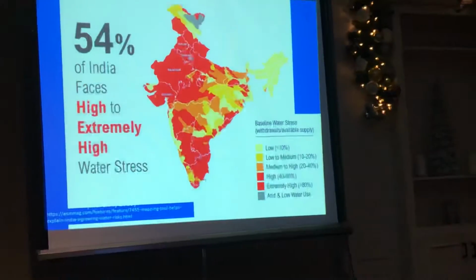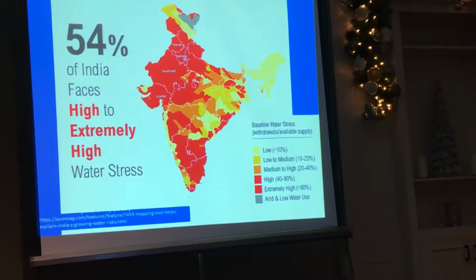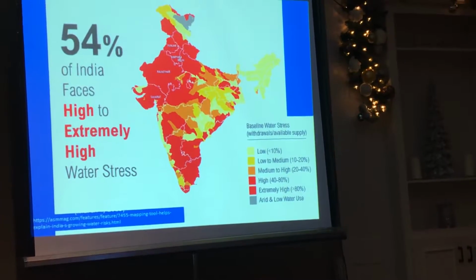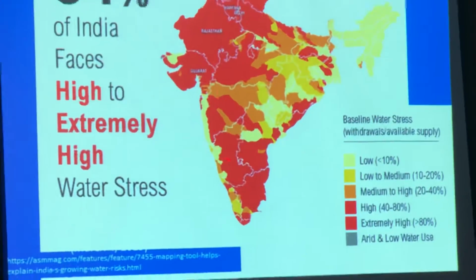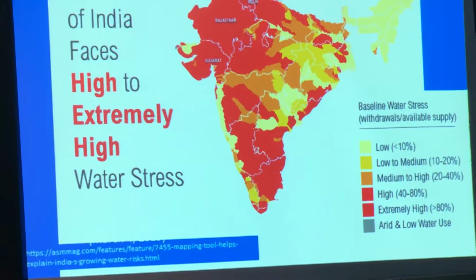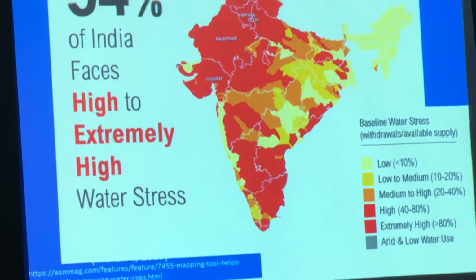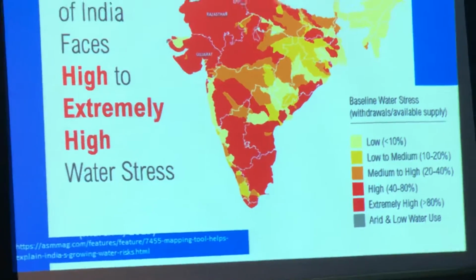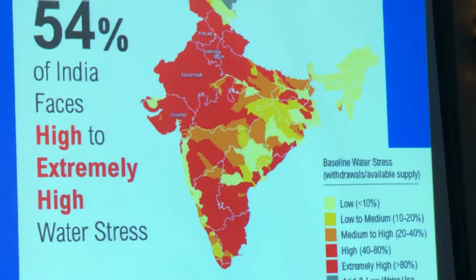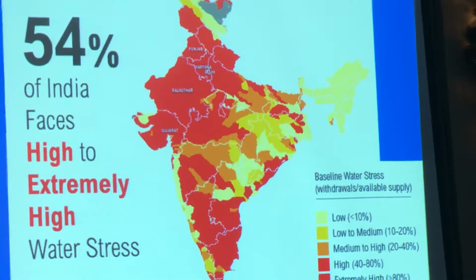So they measure, again, this water stress, withdrawal versus available. And you can see this whole area, you're looking at 40 to 80% withdrawal versus supply. So this is where you see we got a problem.